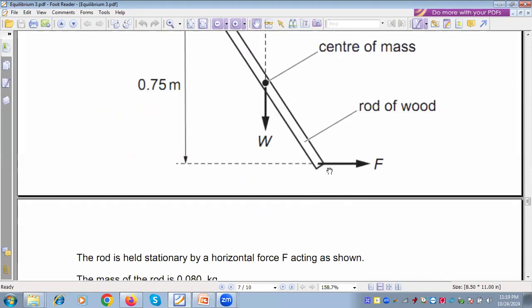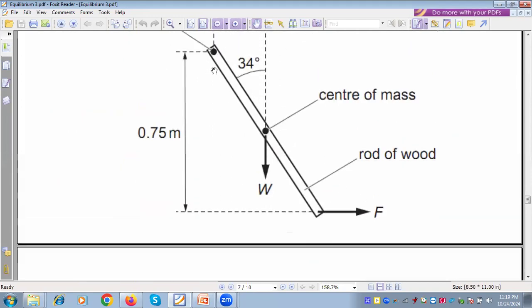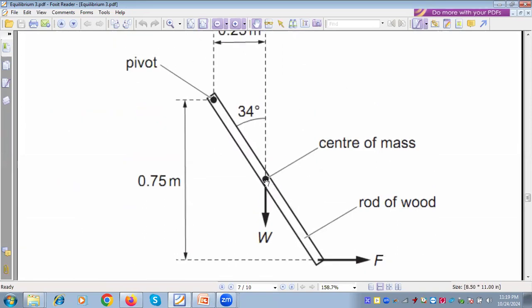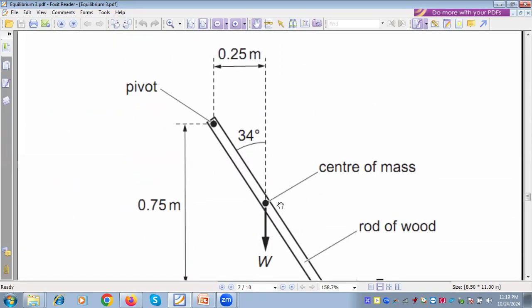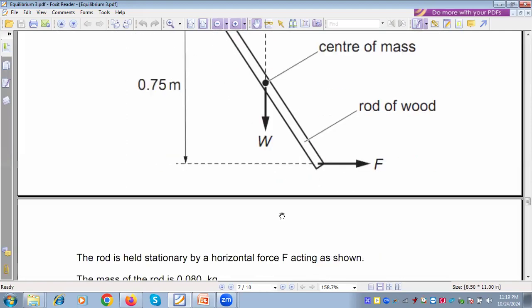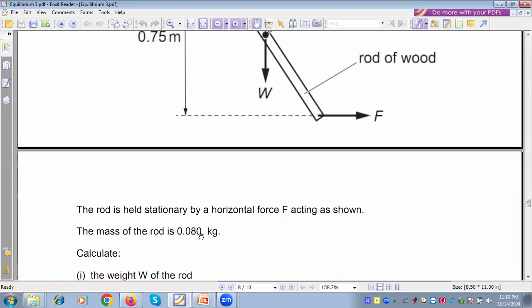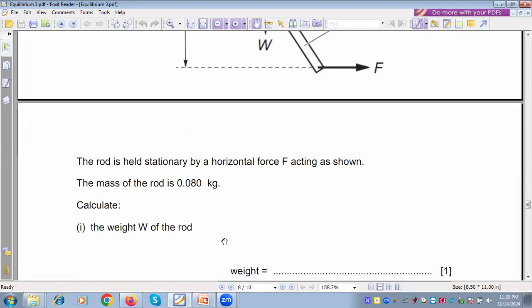The angle between the rod and the vertical is 34. The mass of the rod is 0.080 kilogram. Calculate the weight W of the rod.